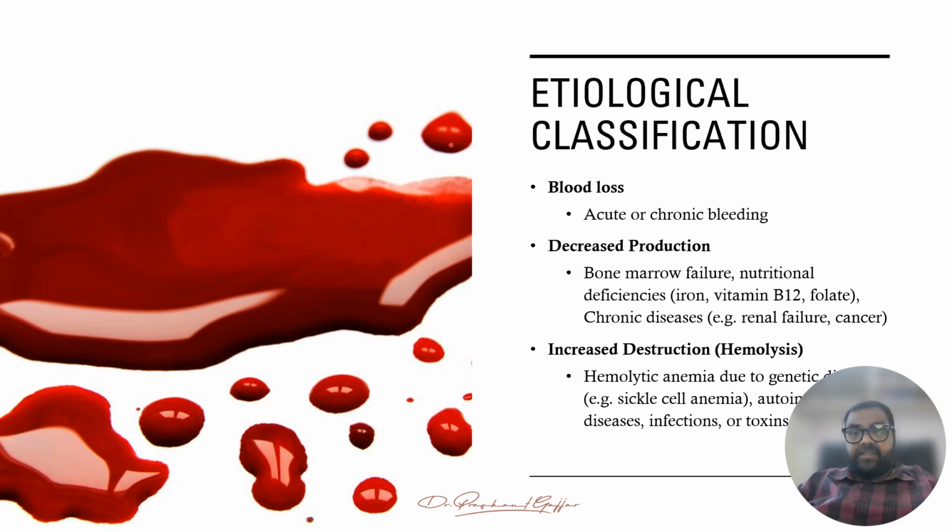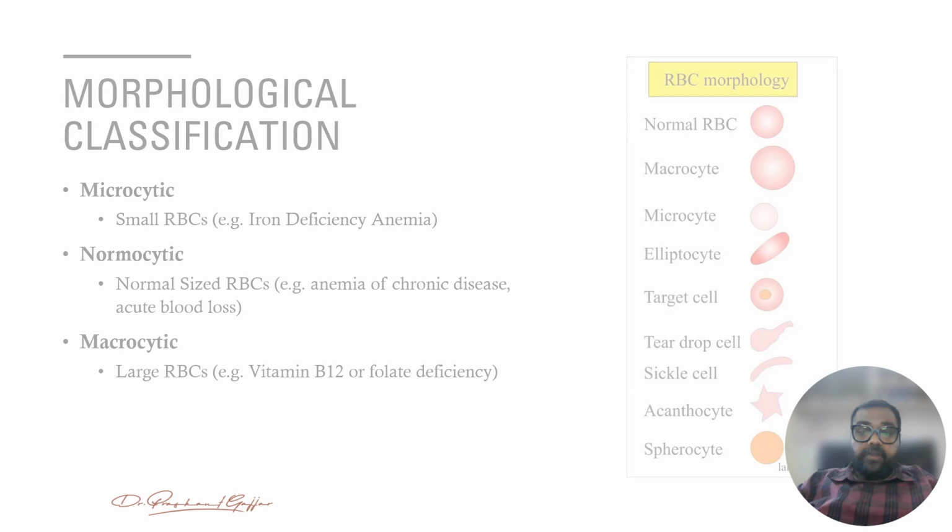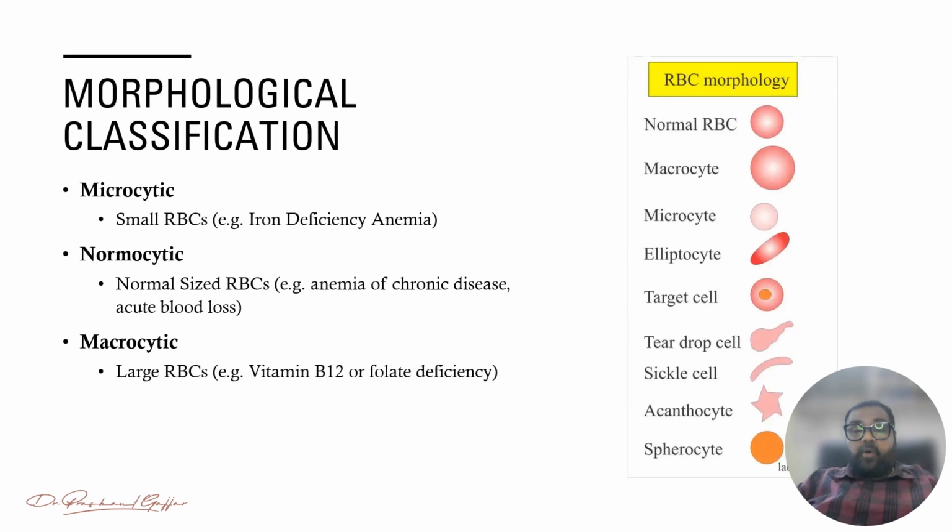Now let's see the morphological classification of anemia. So morphology of what? Of the RBC. You can see in the picture the different morphologies. Microcytic means the RBCs are small, as in iron deficiency anemia.